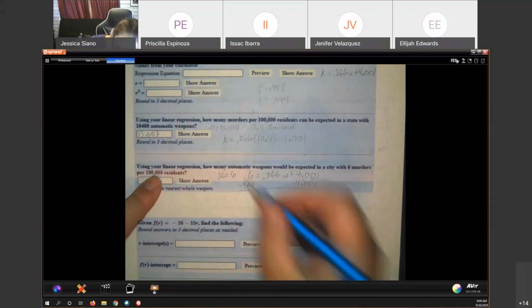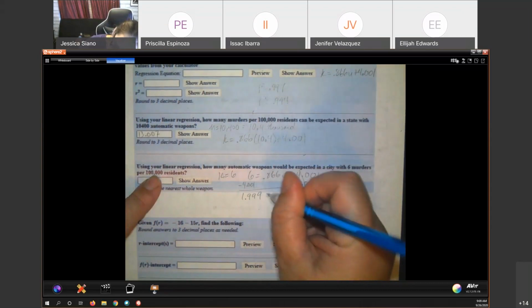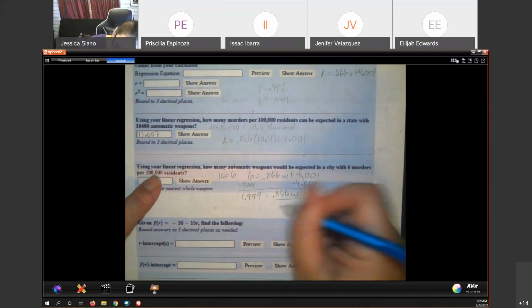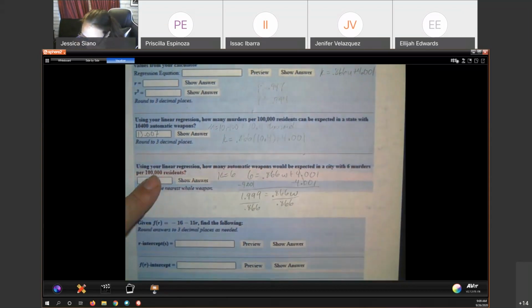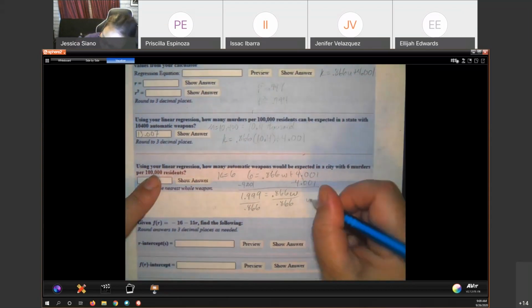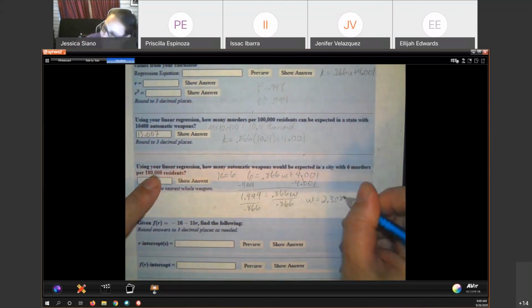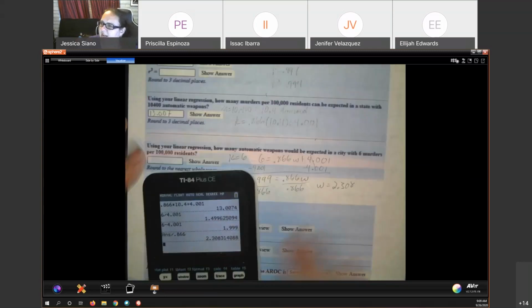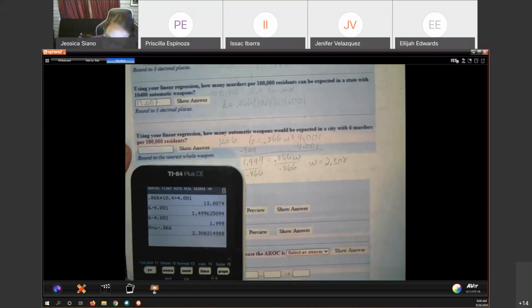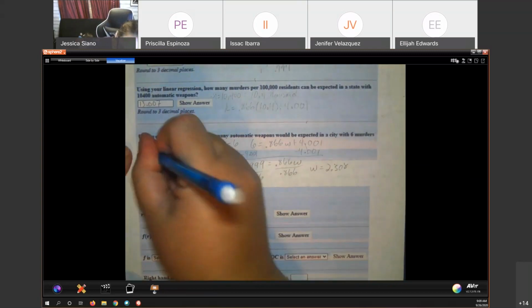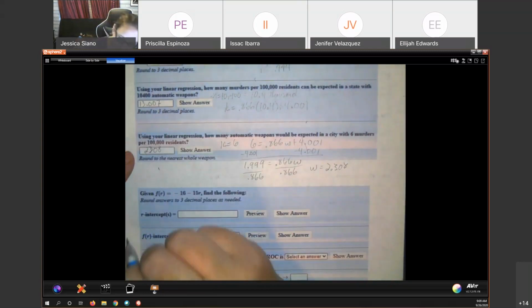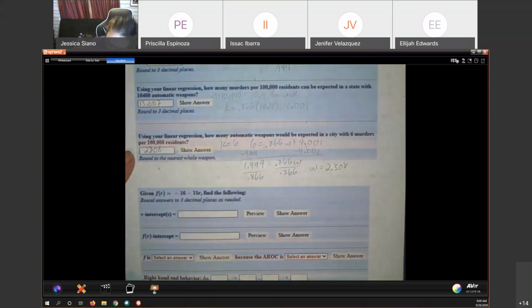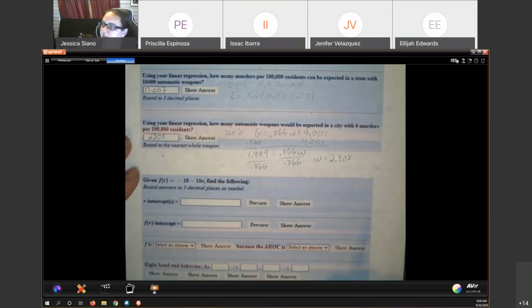Should just stick with my gut. Divided by 0.866. Yeah, 2.308. And then remember we said round to the nearest whole weapon. So this was 2.308 thousand. So this would be 2,308. Okay.